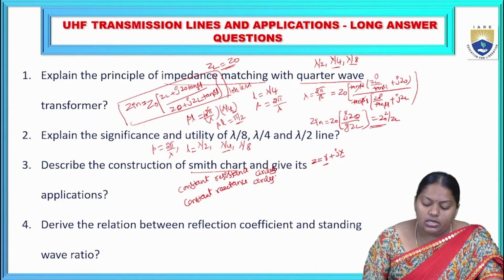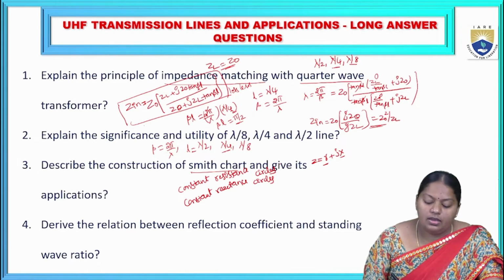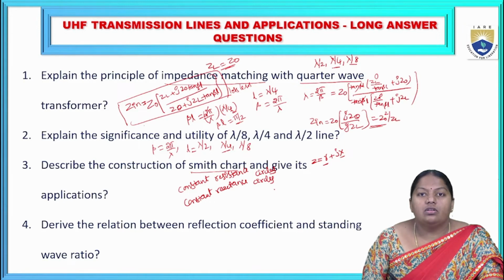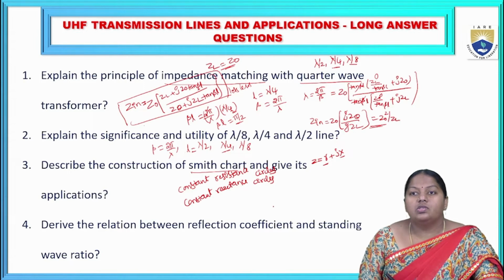For these circles, we vary different R values for the resistances and different X values for the reactances. With the help of this, we draw the Smith chart, a graphical method to find the reflection coefficient and standing wave ratio.